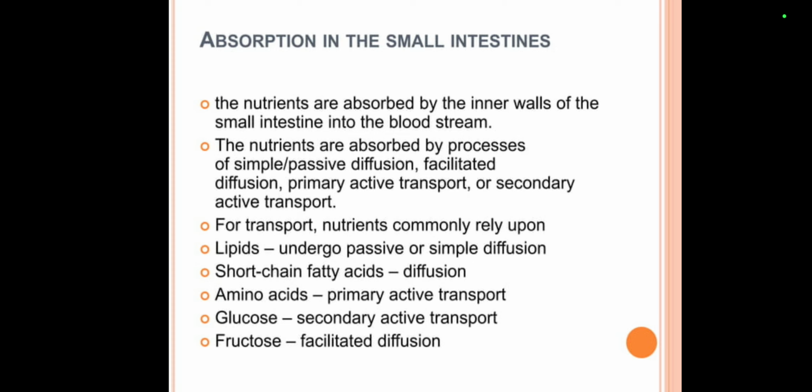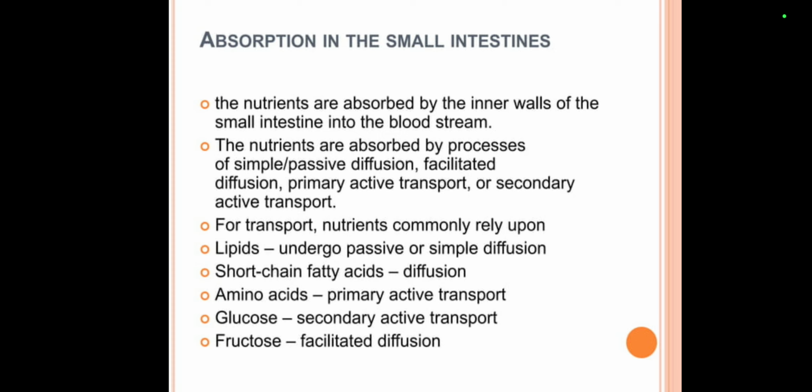Primary active transport is also called direct active transport because it directly uses chemical energy to transport all species. When we say chemical energy, it is ATP, or adenosine triphosphate.